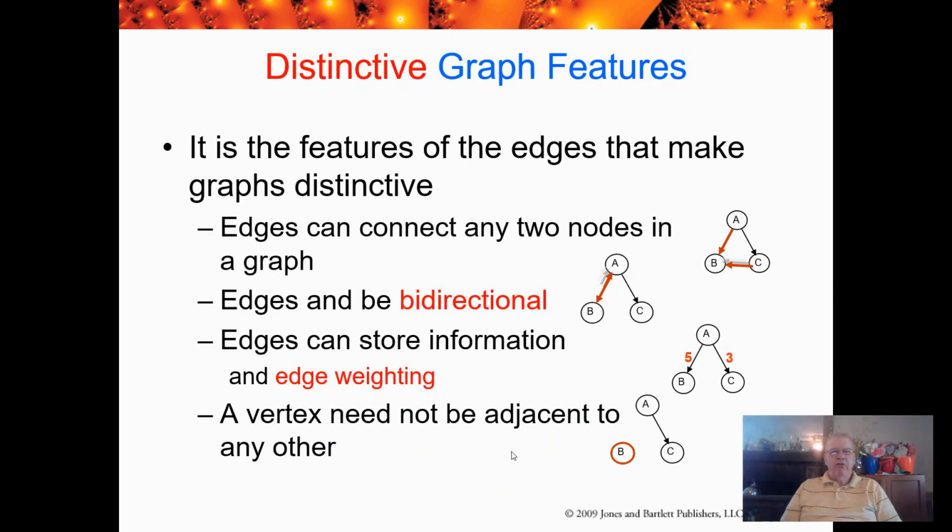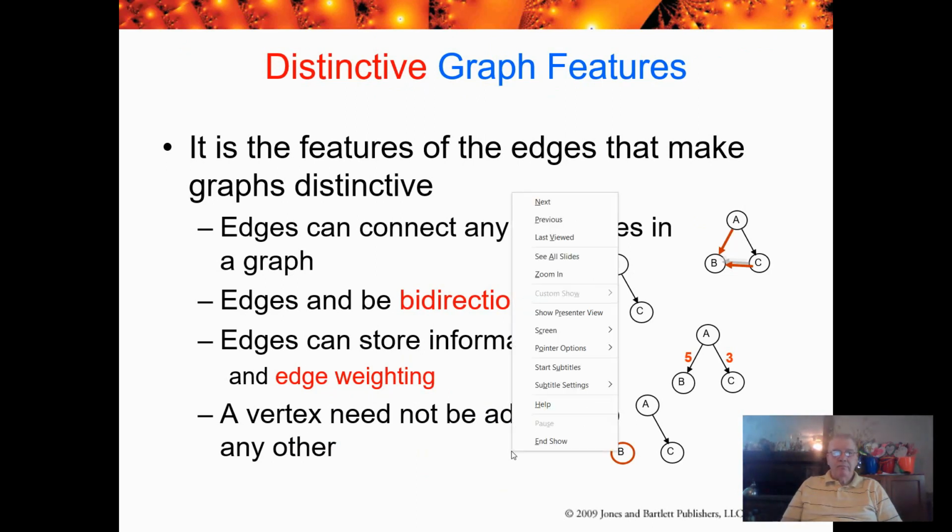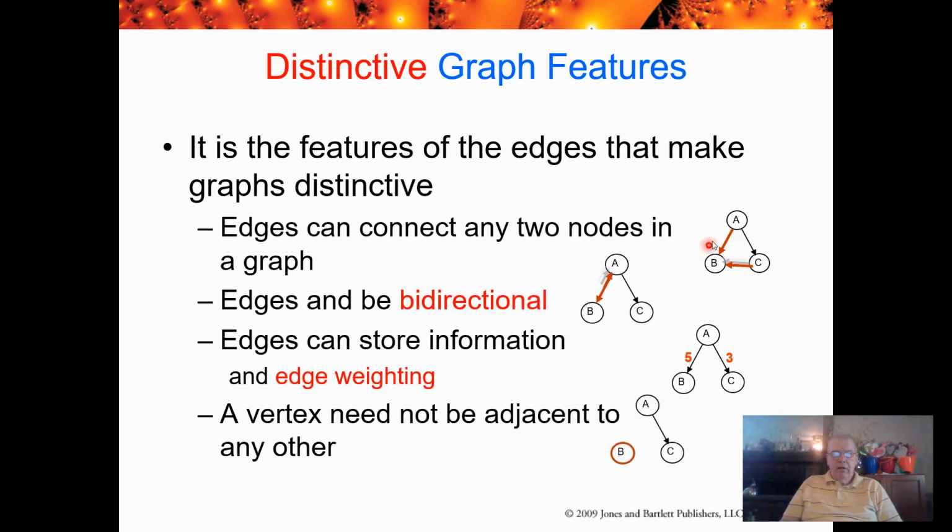There are also a few features of graphs that are unlike a tree. Edges can connect any two nodes in a graph, like the one at the top right. Let's look at the one at the top right up here. Any two nodes can be connected.